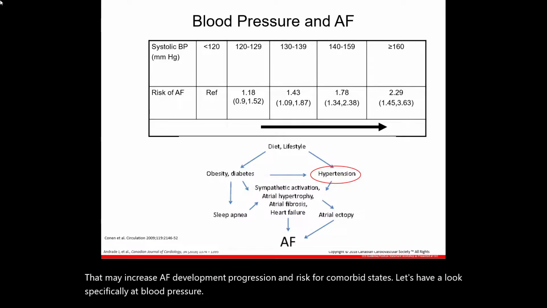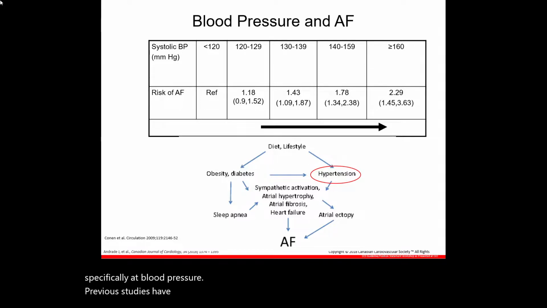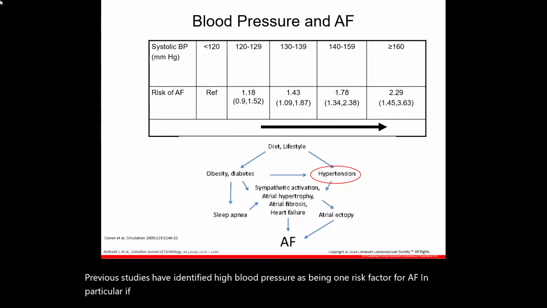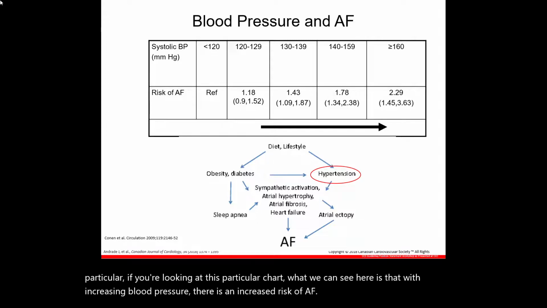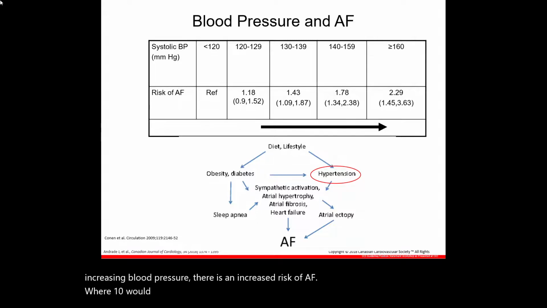Previous studies have identified high blood pressure as being one risk factor for AF. In particular, if you're looking at this chart, what we can see here is that with increasing blood pressure, there is an increased risk of AF, where 1.0 would represent normal risk and anything above that would represent an increased risk.